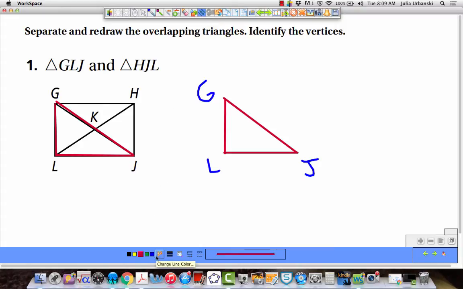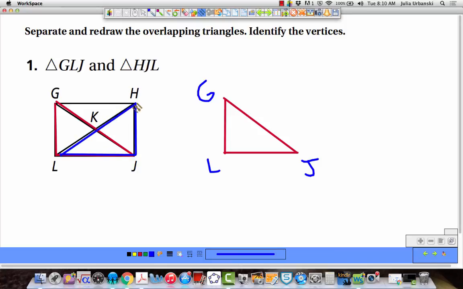And then over here, though, we have triangle HJL. Can you see triangle HJL? You start at the H, where do you go? H to J, and then to where? L. HJL.